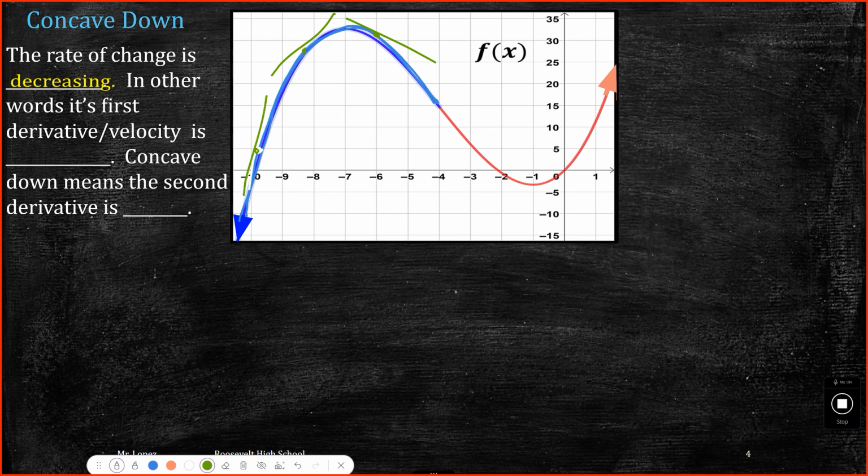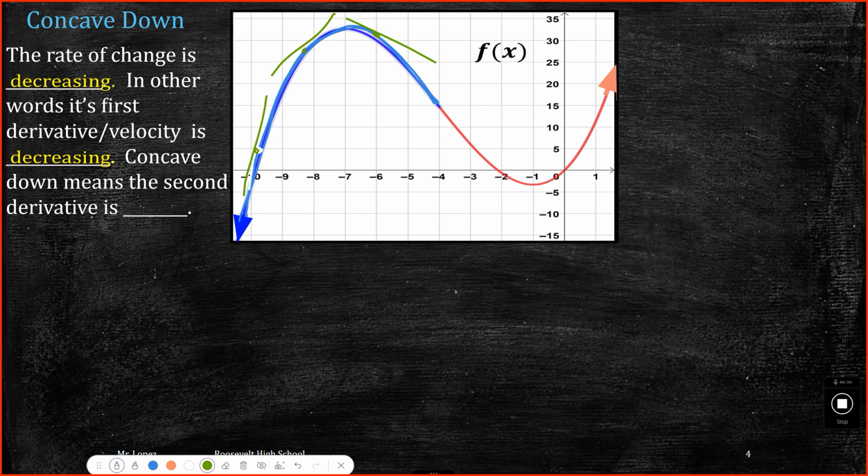In other words, its first derivative, the velocity, is decreasing. Concave down means what?